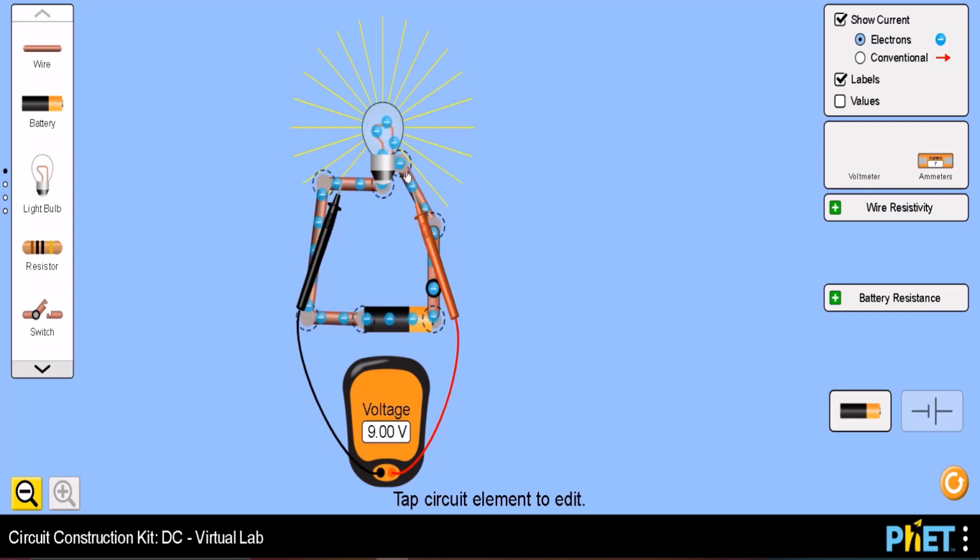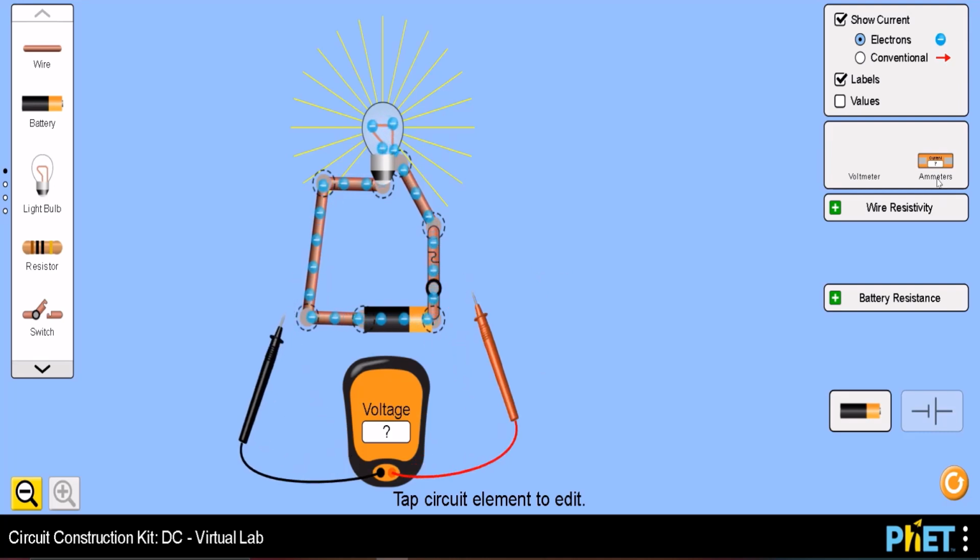So this becomes the positive end of the bulb, and this one is the negative end of the bulb. Therefore the black terminal of the voltmeter is joined with the negative terminal, while the red end of the voltmeter is connected to the positive end of the bulb. So it is 9 volts.